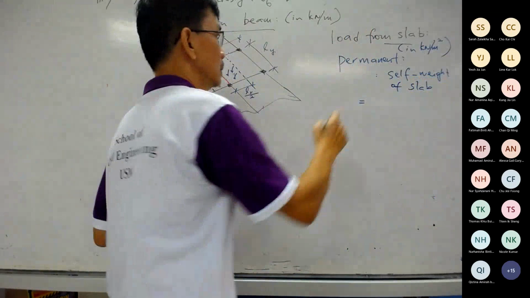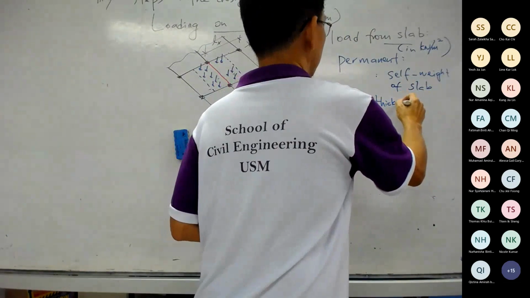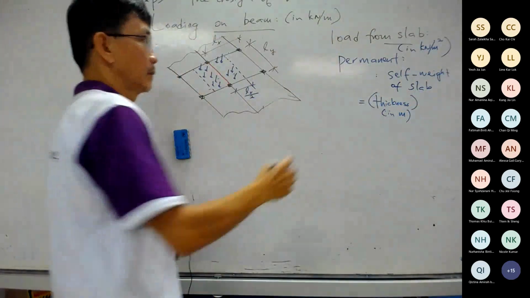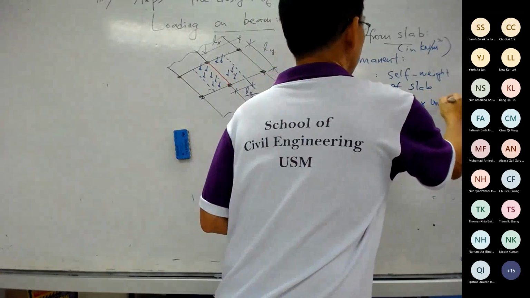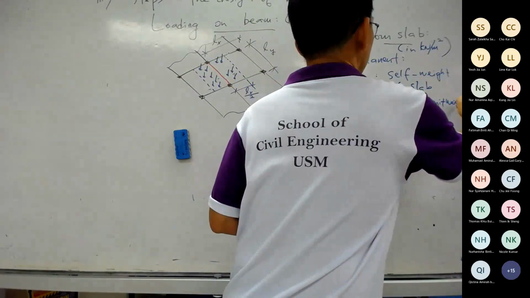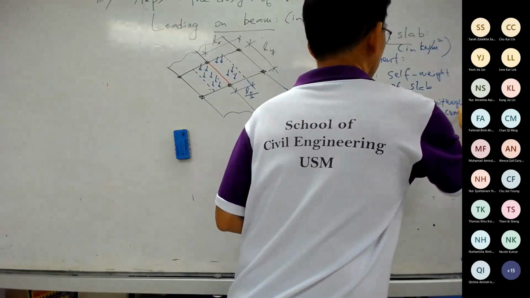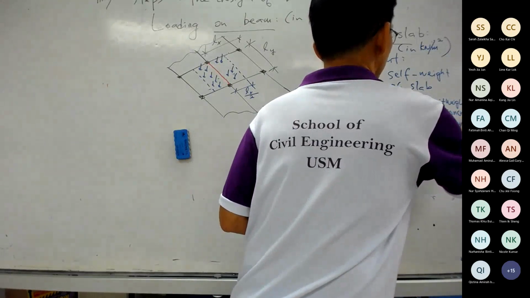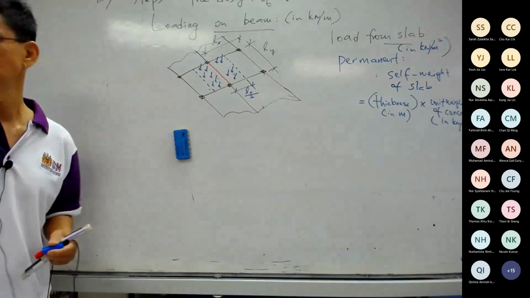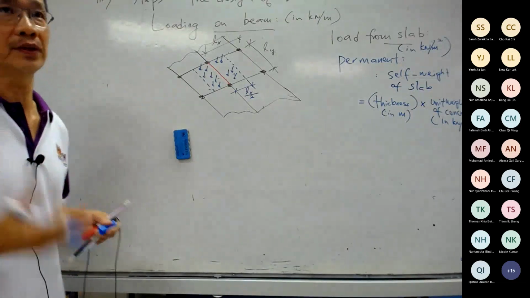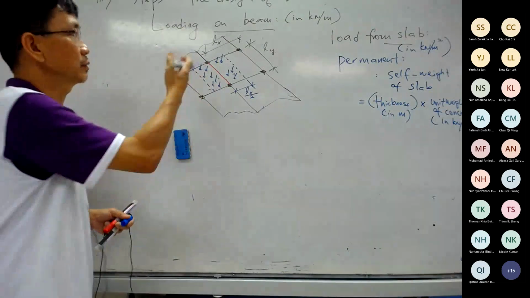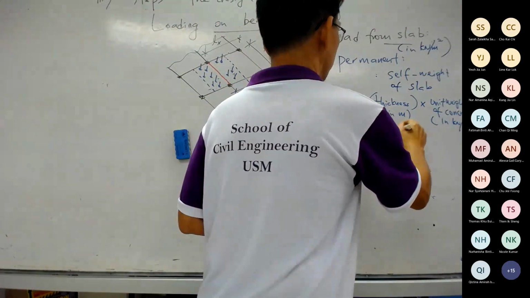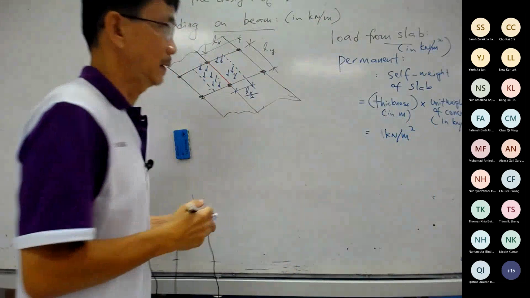This is equal to the thickness of slab in meter multiplied with the unit weight of concrete, because this is a concrete slab, in kilonewton per meter cube. This is the self-weight of slab first. We haven't converted to kilonewton per meter, and at this stage the unit is kilonewton per meter square.